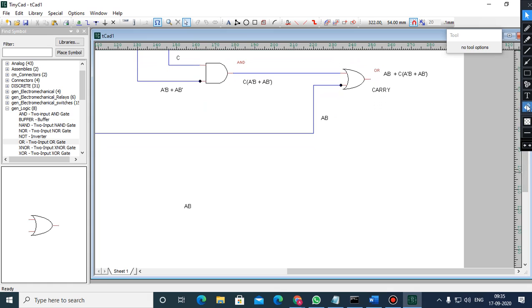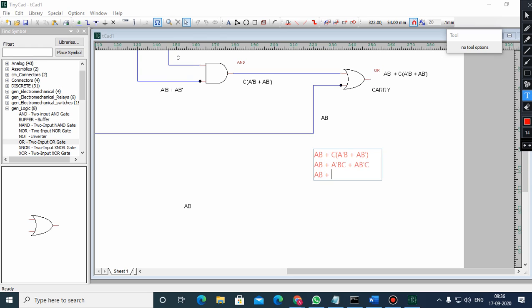Now I am going to prove this one only. Children, first of all, if you have got AB plus C, A complement B plus AB complement, further it can be written as A complement BC plus AB complement C.